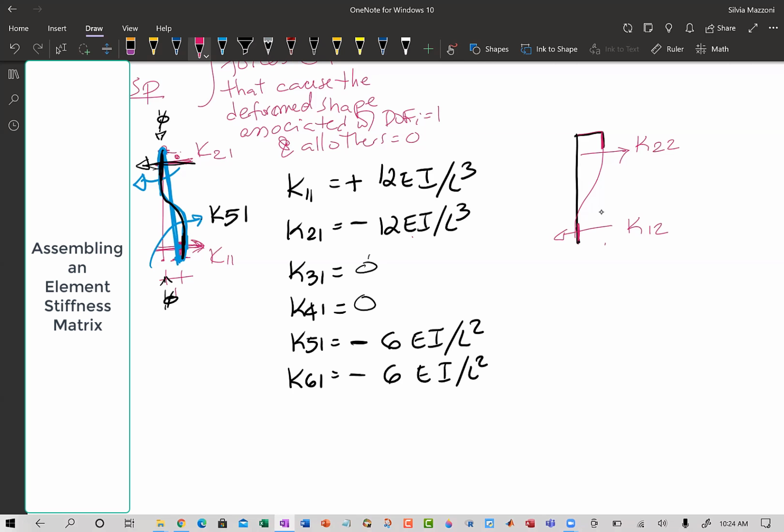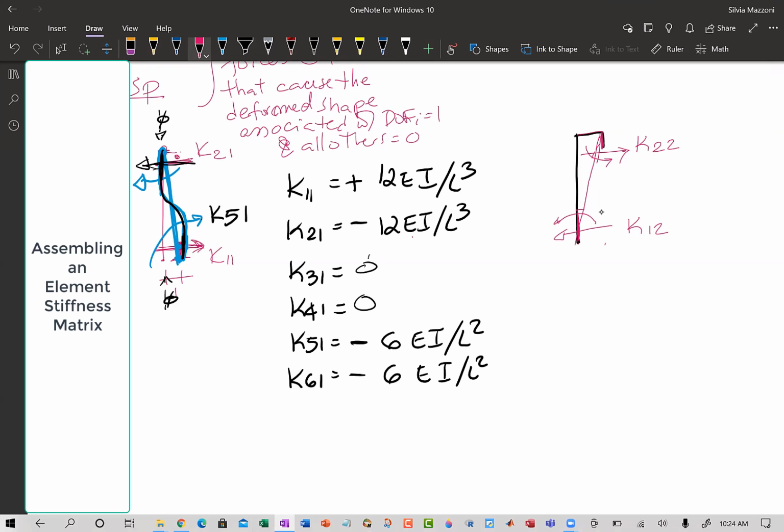Then to keep this, this would want to go, oh my gosh, I can't even draw a straight line. Come on. Okay. So if we let this rotate, it would just move like this, right? So we have to apply a force, a moment in this direction and a moment in this direction. Is it in this direction? No, it's in this direction, because we want to push this guy back this way.